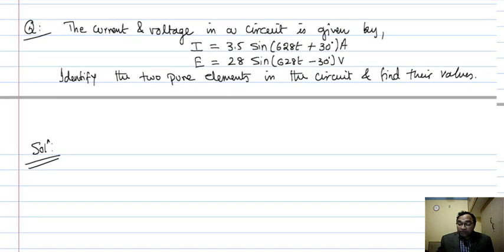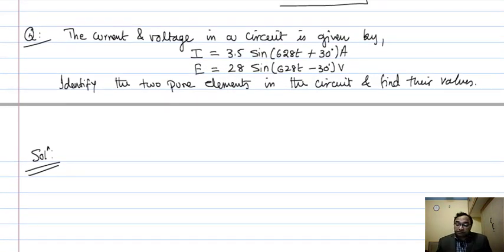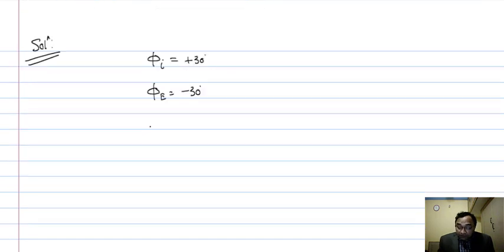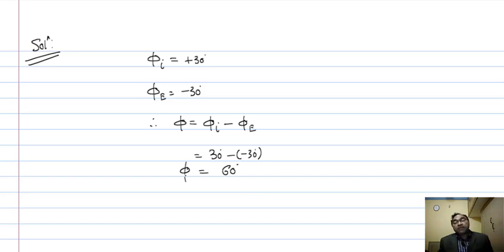Okay. Now, if we see the expression for the current and the EMF, the phase of current is given as plus 30 degrees and the phase of EMF is given as minus 30 degrees. So, therefore, the phase difference is, let us say, phi I minus phi E, that gives 30 minus of minus 30, which means 60 degrees. And by seeing, we can say current is leading here.